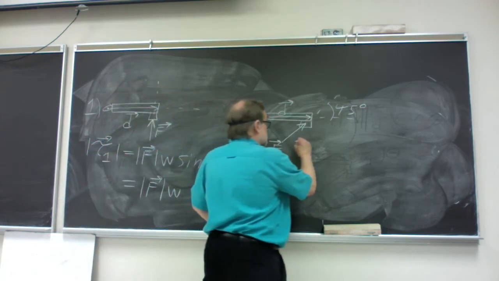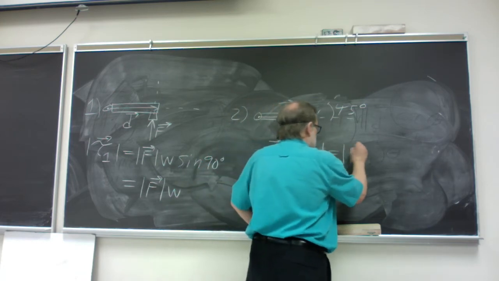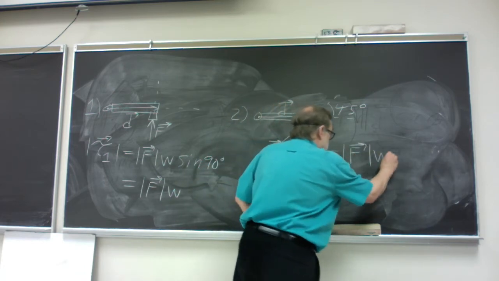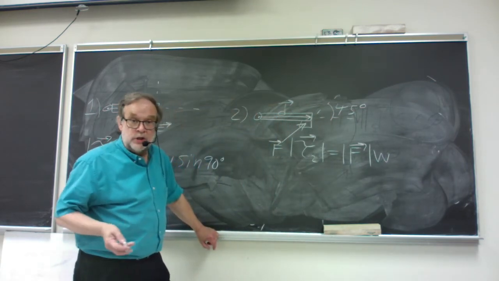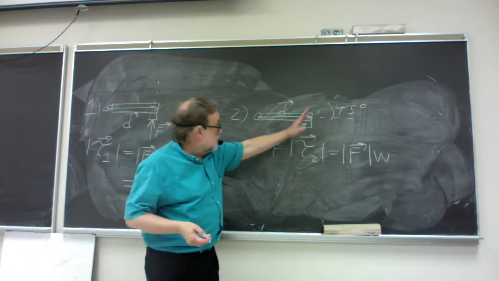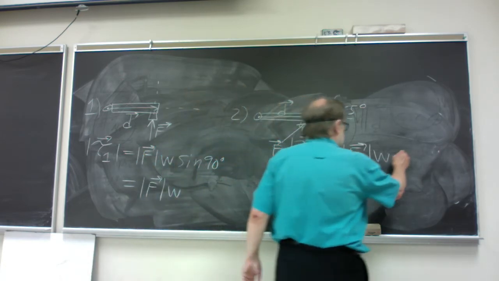So now in this case, the magnitude of torque in the second case is same force, so same magnitude, same displacement vector, so that factor is still equal to the width of the door. Now the third term is now sine of the angle between force direction and displacement direction, that's sine of 45 degrees.